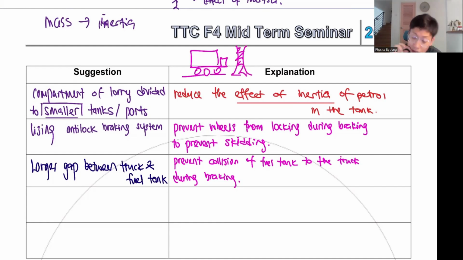By the time this lorry hits the tree, you will realize that the back part of the whole entire fuel tank will rush in and crush the front part. Then the person will die, obviously. Okay, can? So I want to prevent the collision of the fuel tank to the tractor during braking. So that's what I'm trying to do.